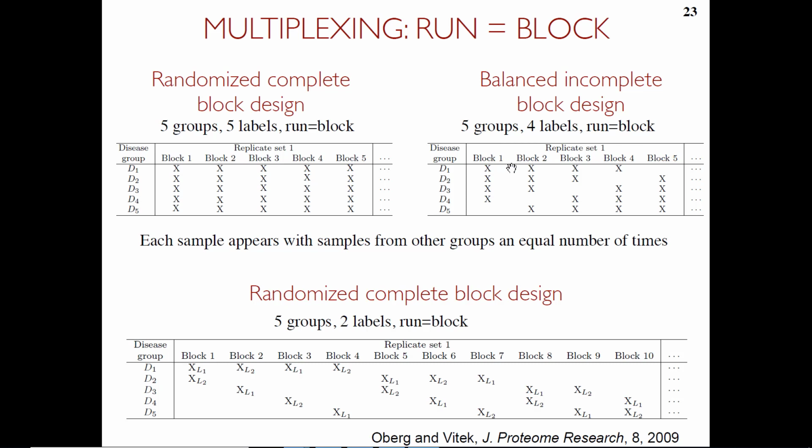If we only have 4 runs, we will not have the same number of replicates for each group. So it really forces us to have a predefined number of runs. Here we actually have to have 10 runs to make sure that we have the same number of replicates for each disease group across all the runs. So it requires us to rotate the availability of samples in each disease group systematically, but it also imposes constraints on how many replicate sets we need to actually complete the full systematic permutation.